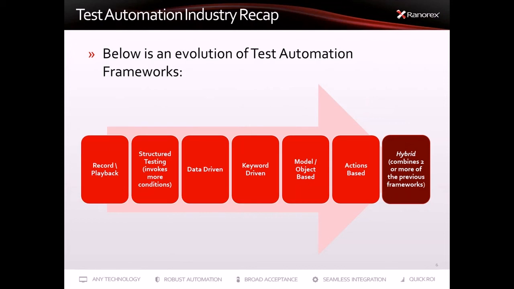And then finally, more of an actions-based model, where tools tried to make it more structured like a manual test, to bridge the gap where record and playback fell short because coding was needed. Tools had an actions-based table that could interact with the system under test. Last, some people created their own frameworks for a hybrid.